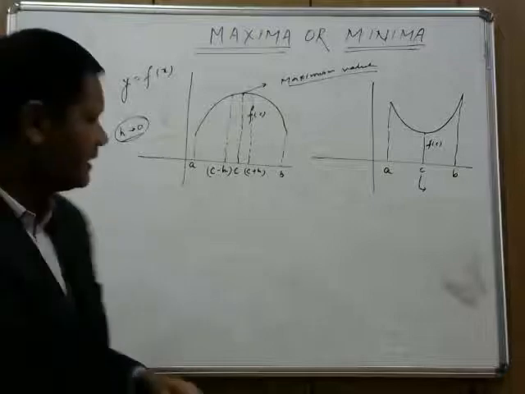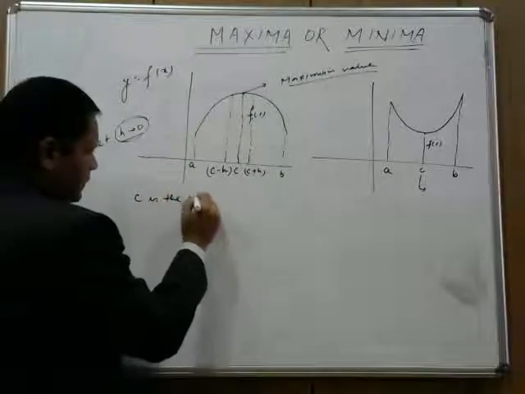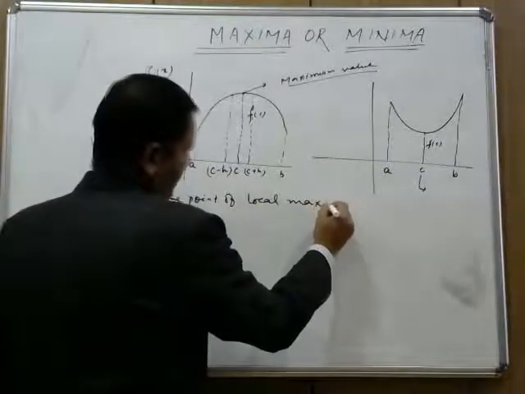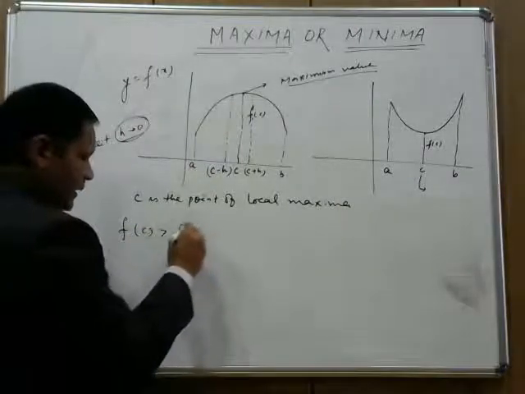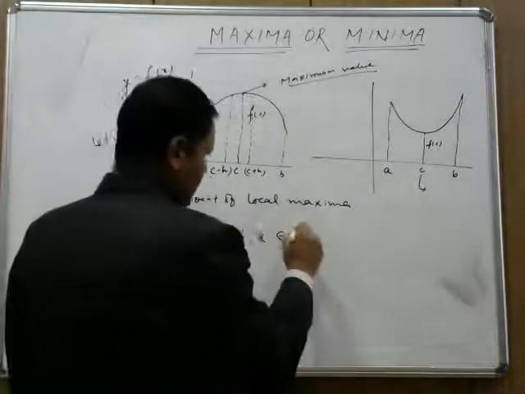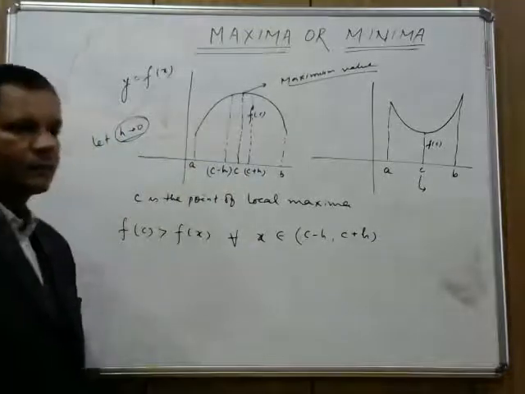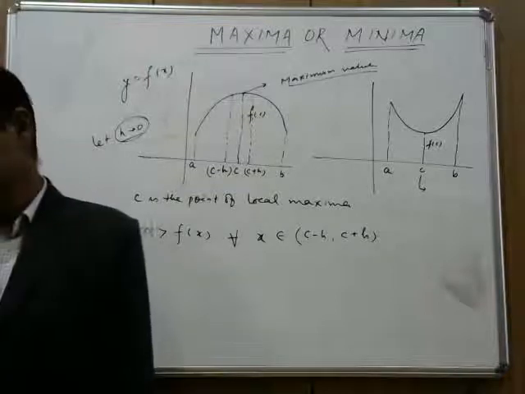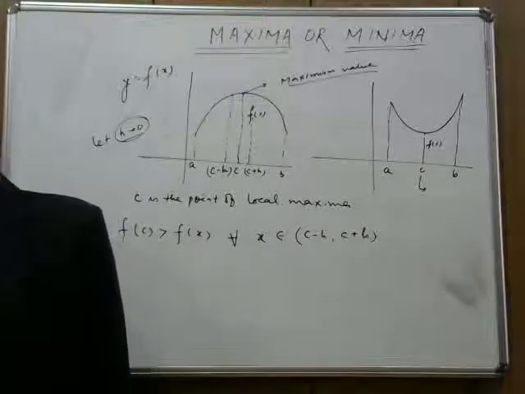That means c is the point of local maxima provided f of c is greater than f of x for every x belonging to (c minus h, c plus h).